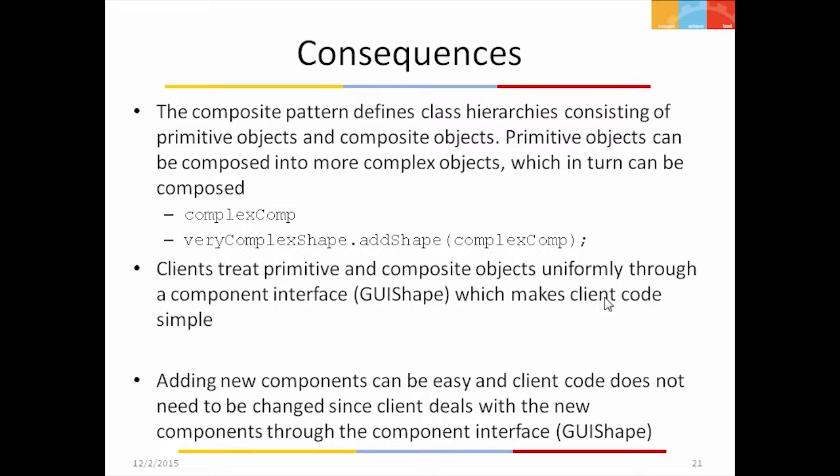So I can add different types of buttons, different types of complex shapes, and my client code need not be changed. For example, if I, let us say, create or change a button type, then that will be automatically reflected in my client code.